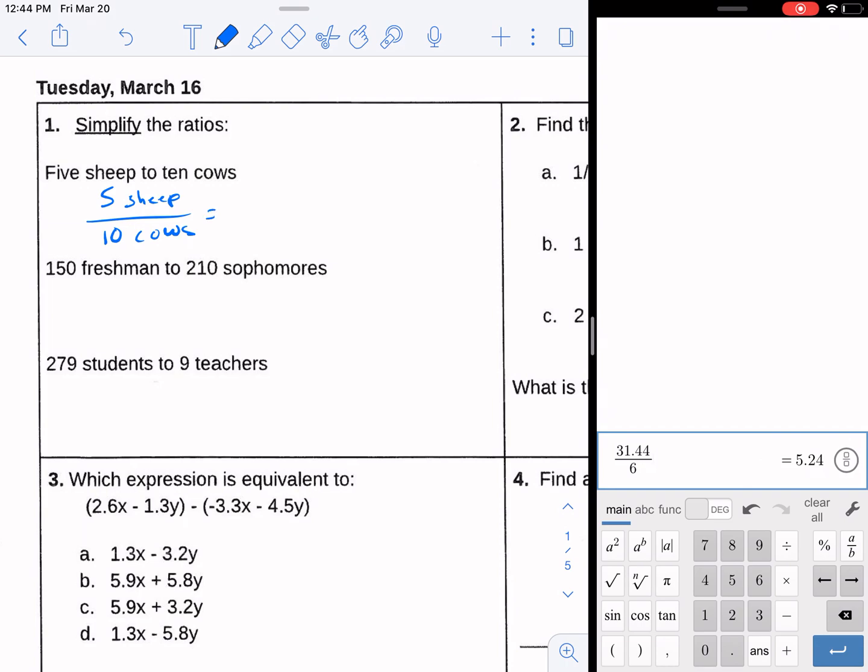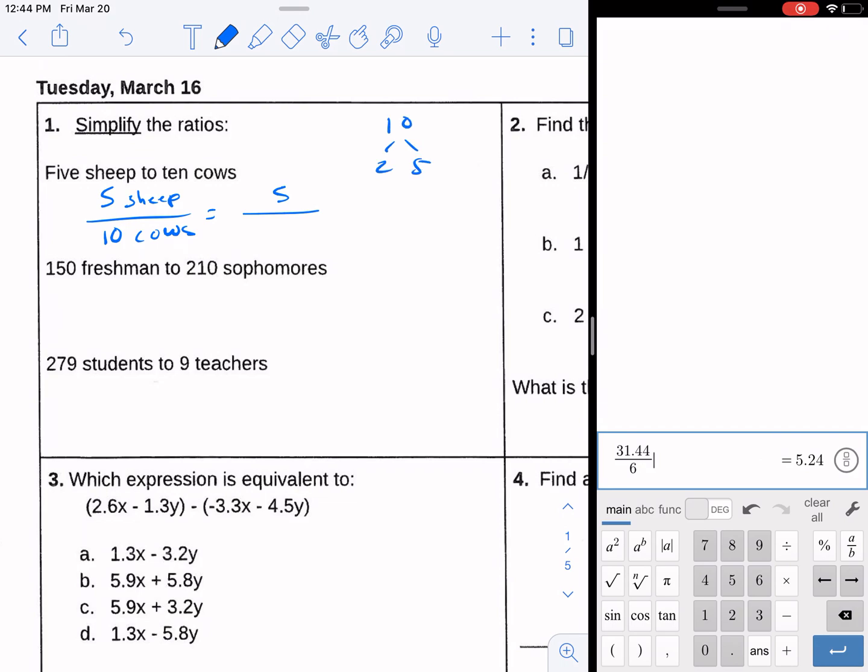So we want to simplify that. So the biggest number that goes into both the numerator and the denominator that creates a common factor, well, that must be 5. Or you can decompose, so 5 on top. On the bottom, you got 10, that's 2 times 5.